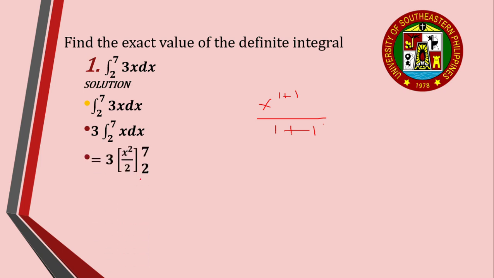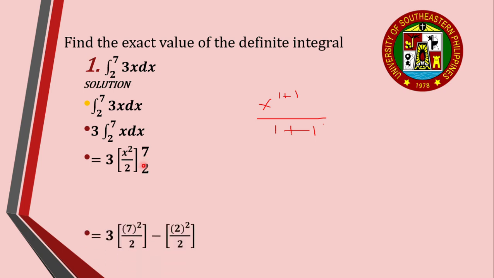By applying this rule of integration for the variable, now we have x squared over 2, or x squared halves, from the interval 2 to 7. What we're going to do next is to substitute the upper bound into the integrated function minus the substituted 2 into the integrated function.